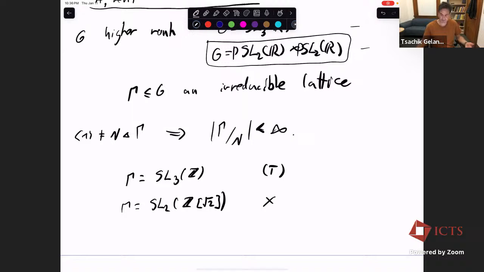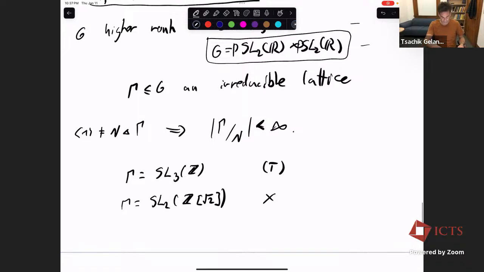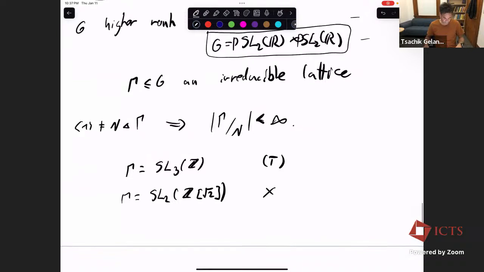And indeed, over the years, many people proved improvements of the normal subgroup theorem, but all these improvements are just under the assumption that G has T. In the cases that G doesn't have property T, like SL2 times SL2, there was no improvement until today of the original theorem of Margulis. Okay, it was extended by Yehuda Shalom and Uri Bader. They extended the normal subgroup theorem to other groups, but for the classical group without property T, there was no improvement until recently.